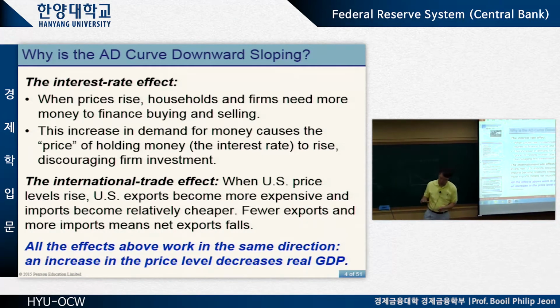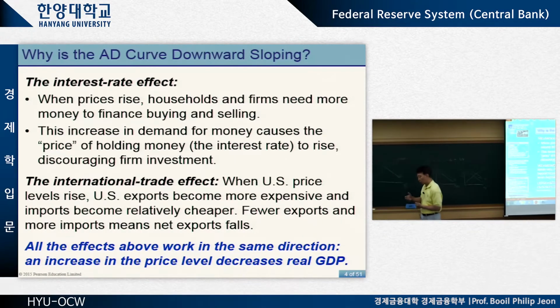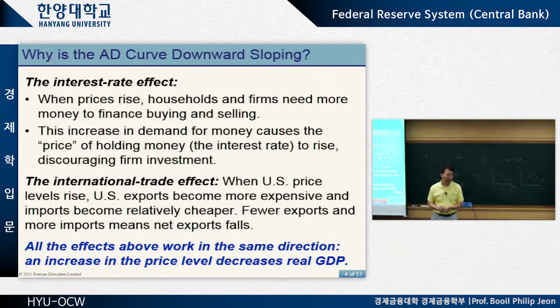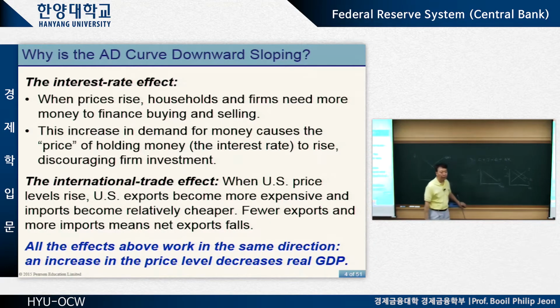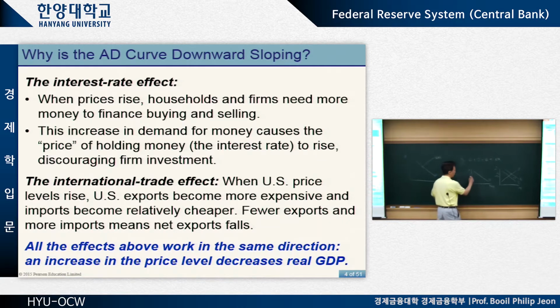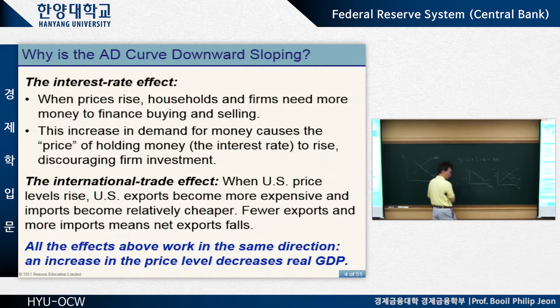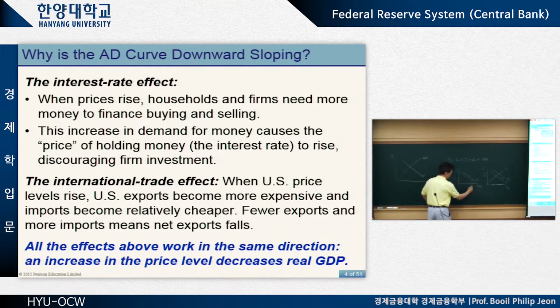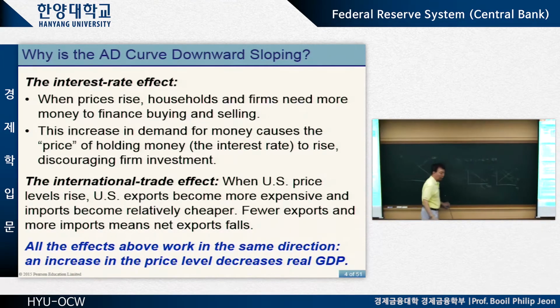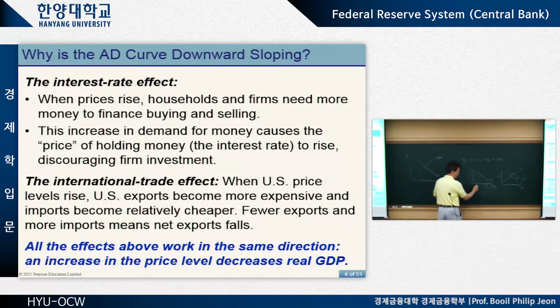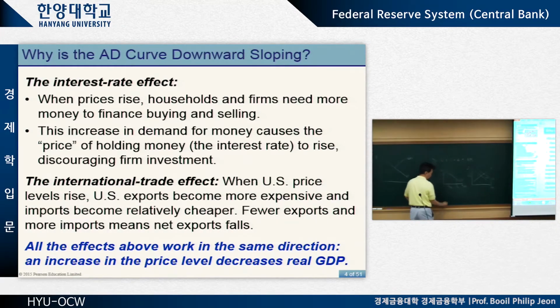So when the interest rate is low, a lot of projects will qualify because they will be profitable. But as the interest rate rises, relatively few investment projects will qualify. So that's the idea. When the interest rate is low, the amount of investment demand will be large, but when the interest rate is high, the amount of investment demand will decrease.